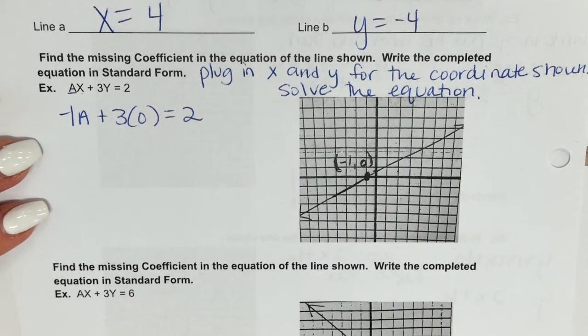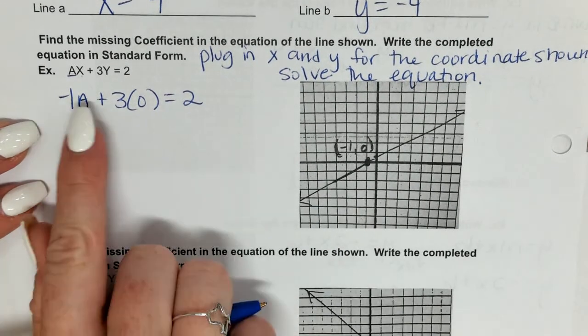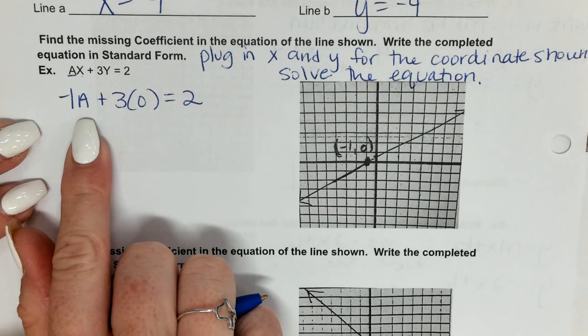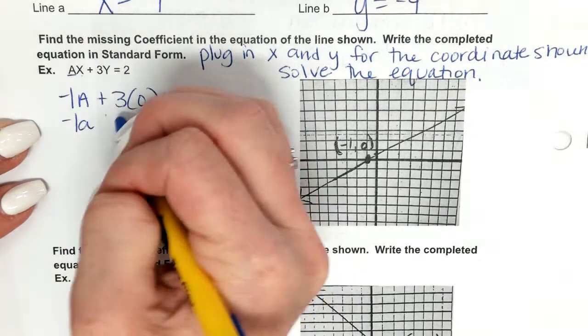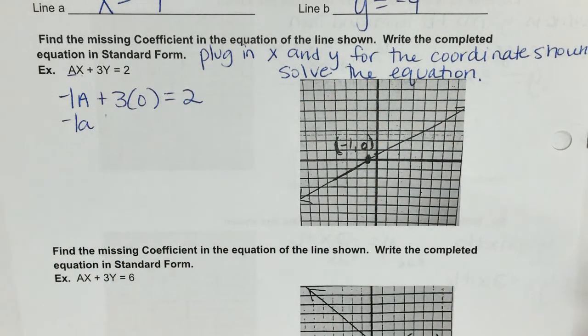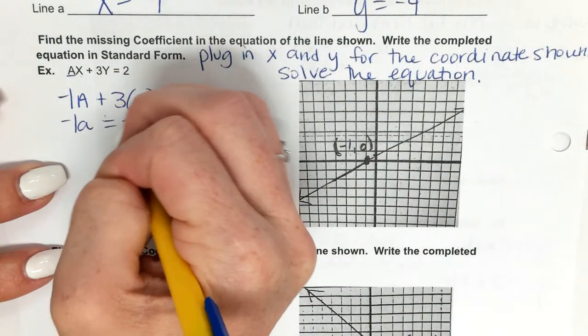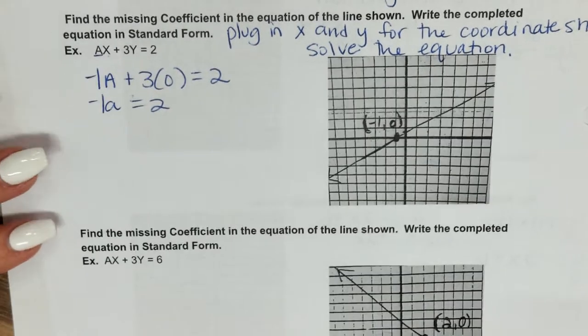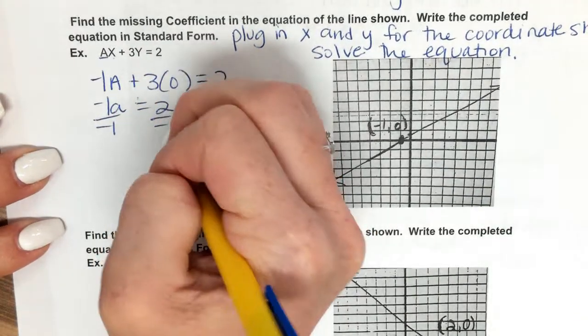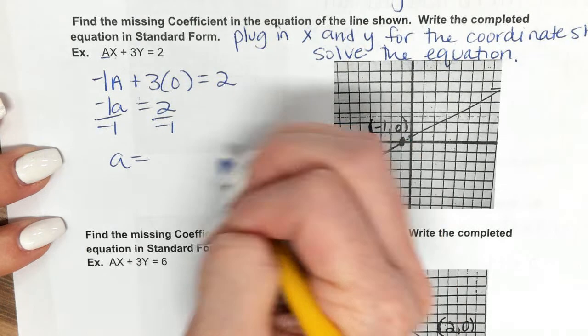Can I solve this equation now? Is there only one missing piece? All right, so here we go. -1A plus 0, so do I have to write that? Okay, equals 2. How am I going to get rid of the -1? Division. Divide. And I get A equals -2.